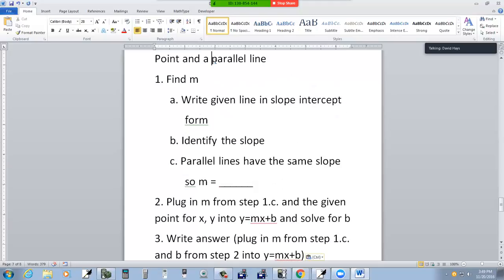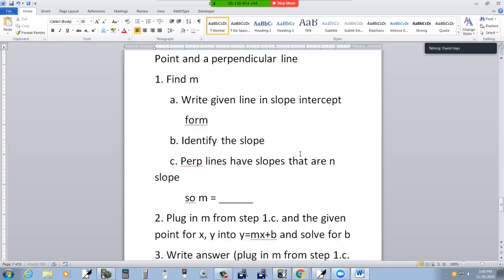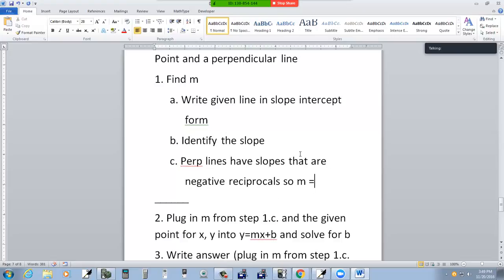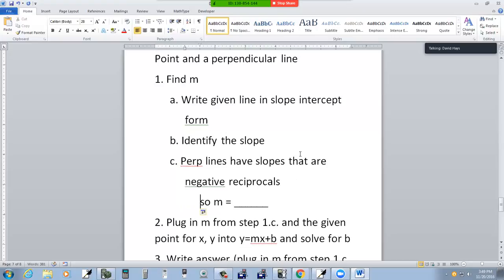Let's say you have a perpendicular line. And perpendicular lines have slopes that are negative reciprocals. And we'll come back to that.